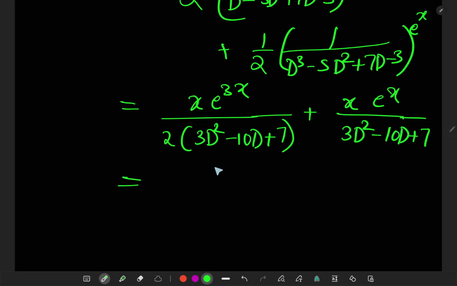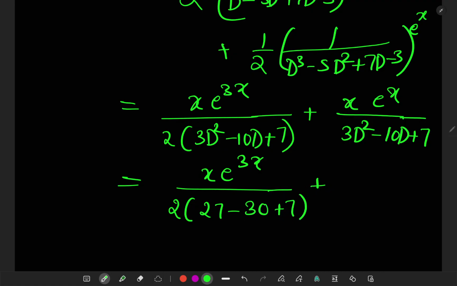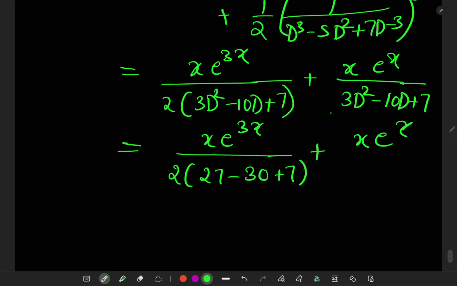Now putting the value of a in this equation, again in this equation if you put D is equal to 1, then it also becomes 0, then again differentiate this term.